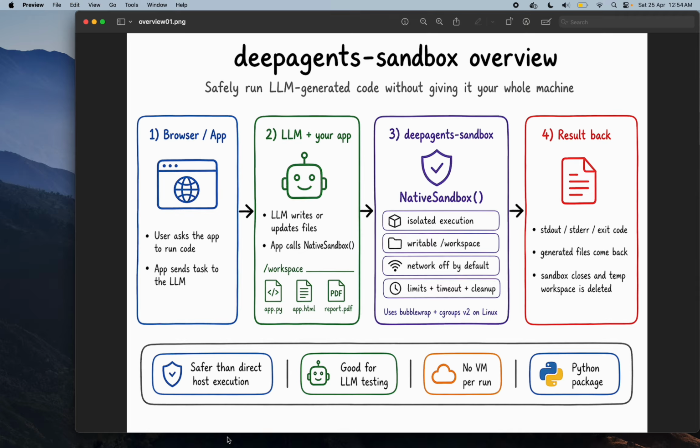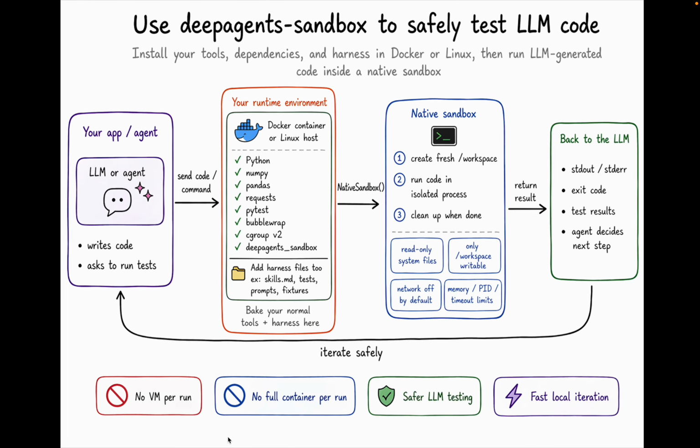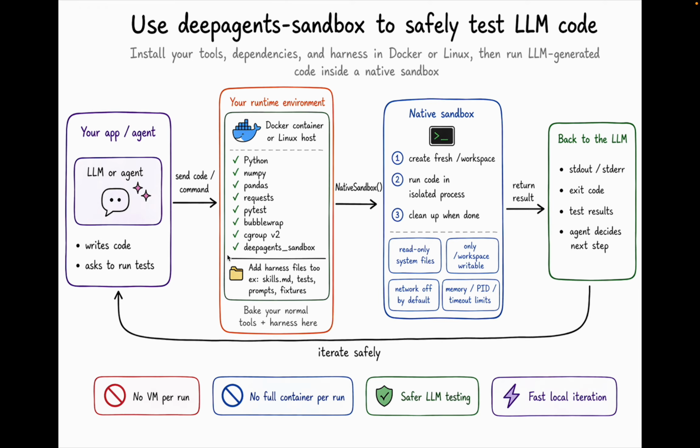Either you create a workspace which is not isolated at all inside deepagents, or you pay a third party for creating isolated environments. So deepagents-sandbox actually solves that. It creates an isolated environment with bubblewrap and cgroup inside deepagents.